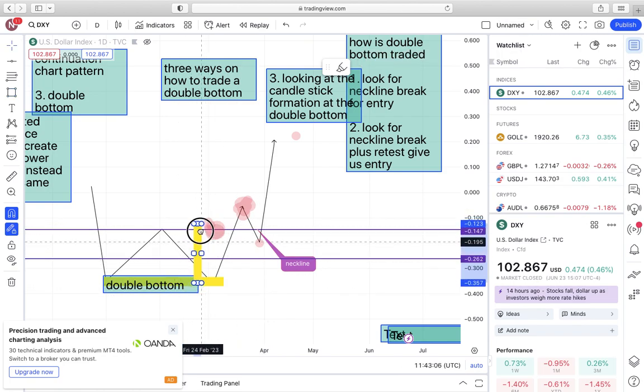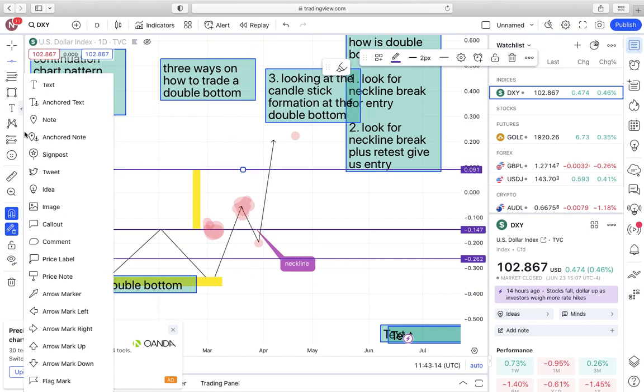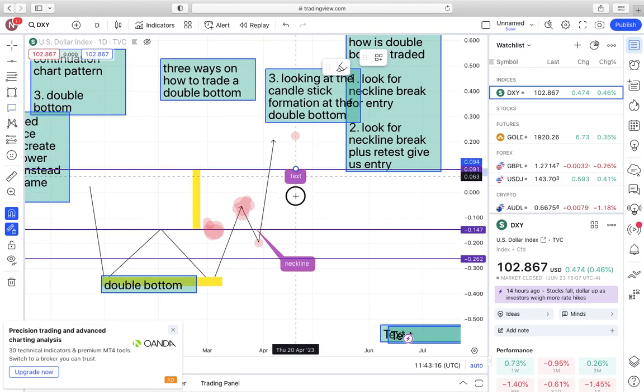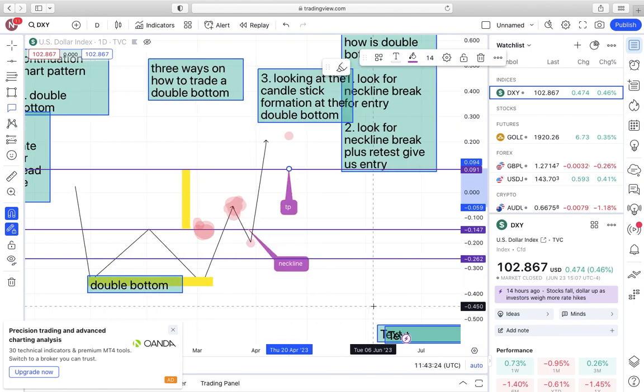You measure that distance, which means your guaranteed take profit will be somewhere here. That is very guaranteed. When the market breaks this zone, it has to move the same distance, from the neckline up to the double bottom.